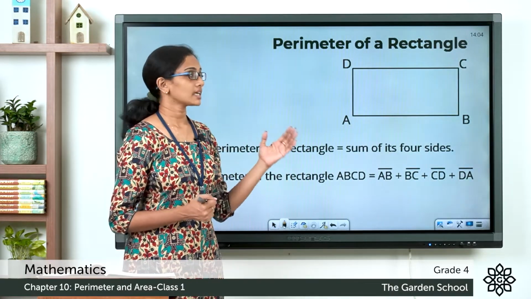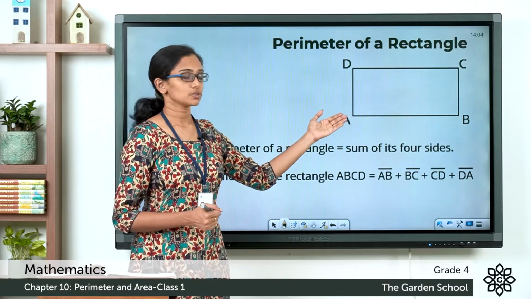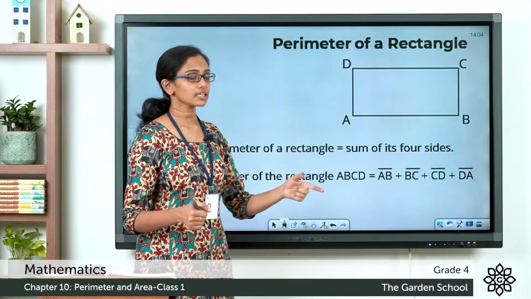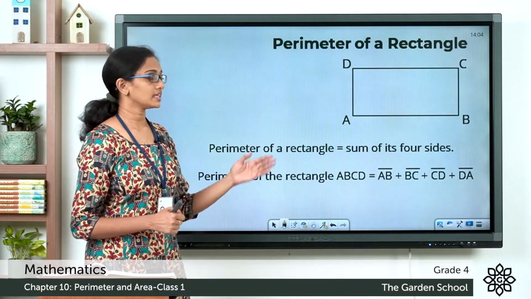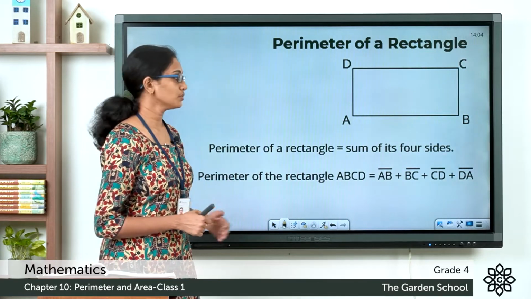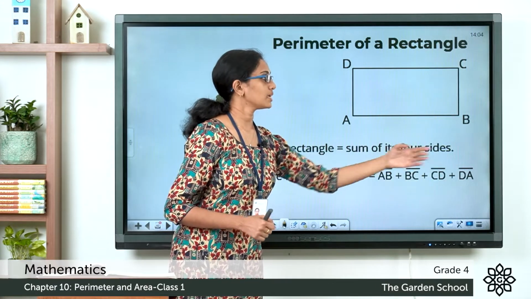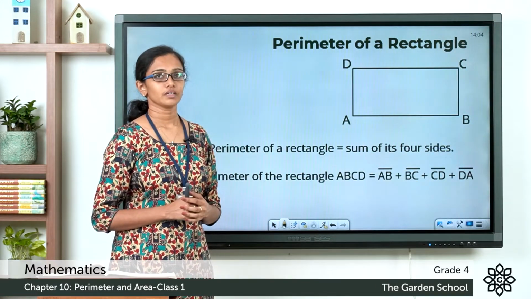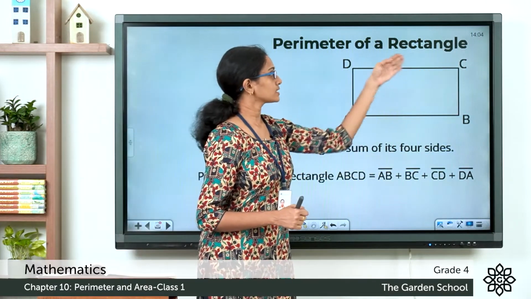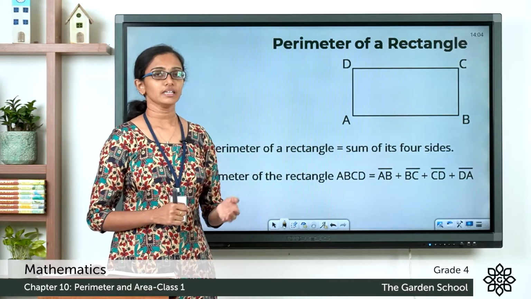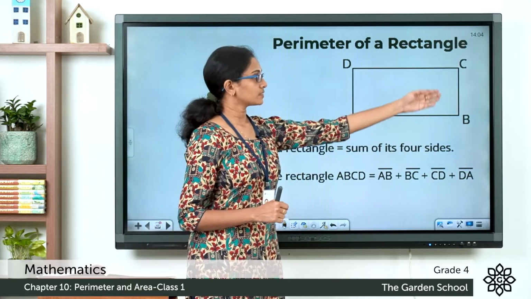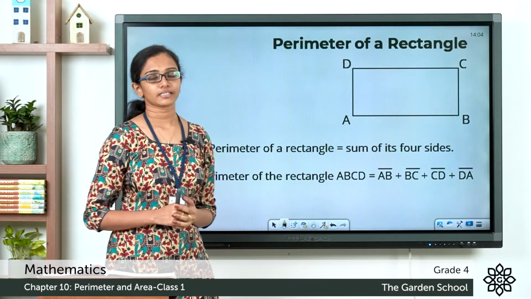It will be the sum of the lengths of its sides, so the perimeter of rectangle ABCD equals AB plus BC plus CD plus DA. The perimeter is the sum of the lengths of its sides.